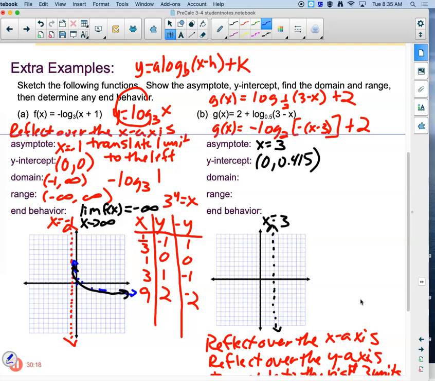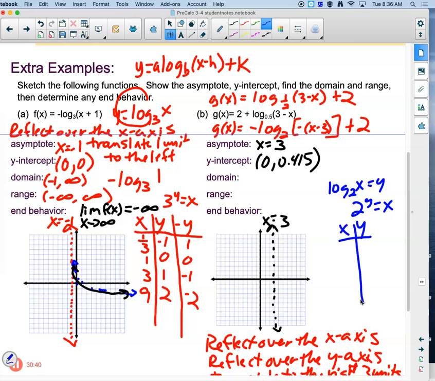So first things first, what we want to do is think about the fact that we had this base of 2, and then we made reflections to that. So if we have logarithm base 2 of x equals y, we'll get 2 to the y equals x.